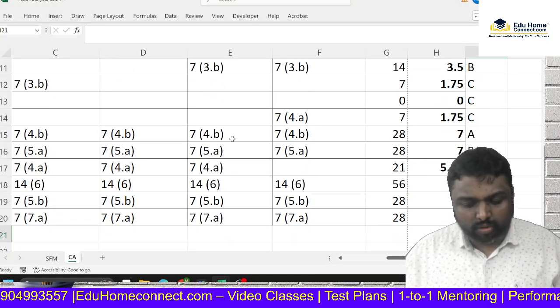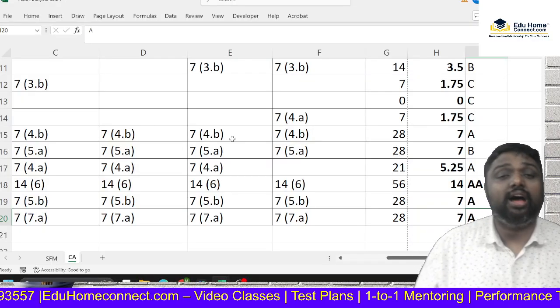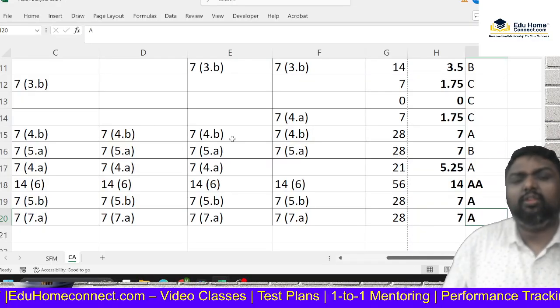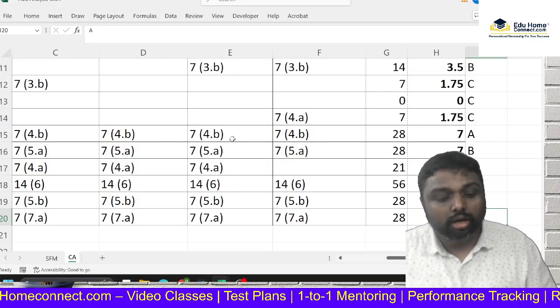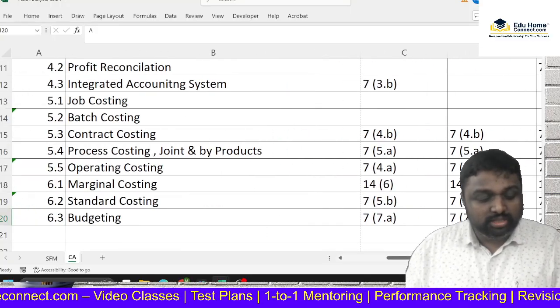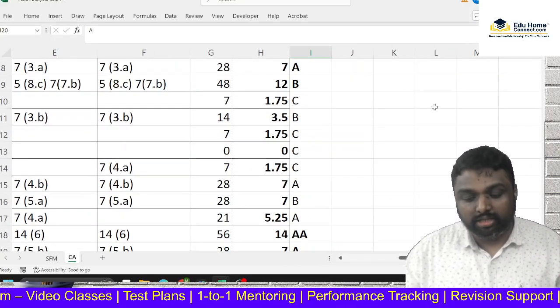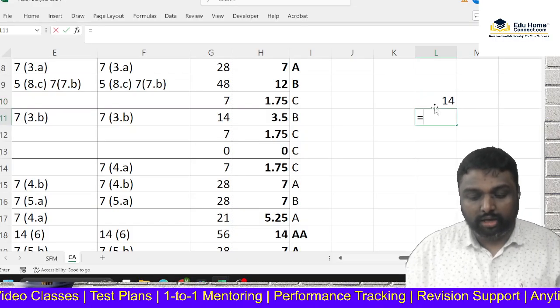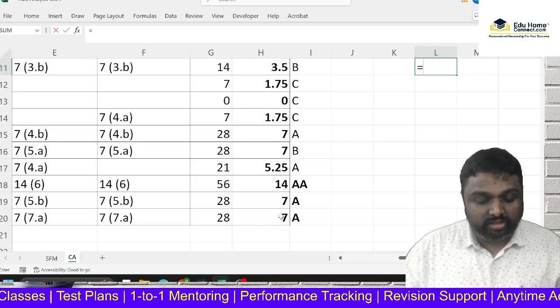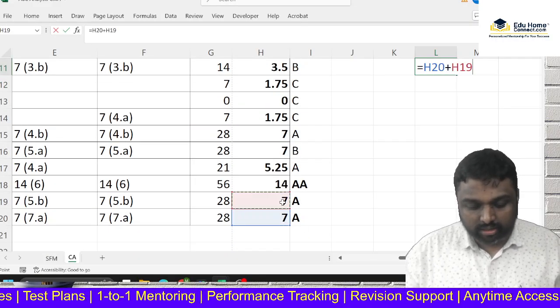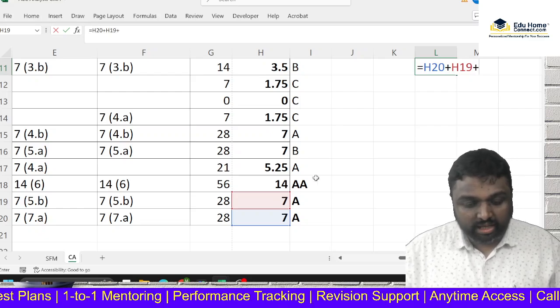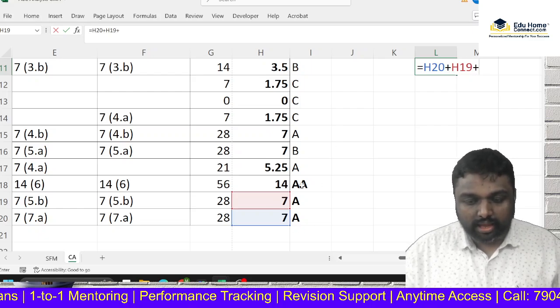Still I put it as 7 marks, because the preparation can be completed in half a day or 1 day. So my dear friends, this is the entire chapter classification. We have a double A category of marginal costing where you will get 14 marks. Then all the A categories which we classified are 7 marks. I'm telling the average mark. Okay. Again 7 marks.